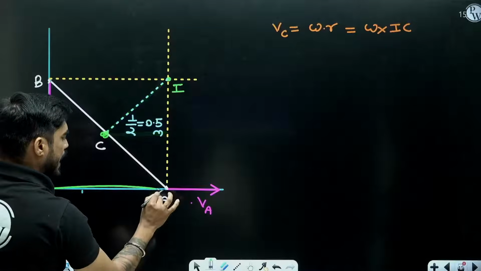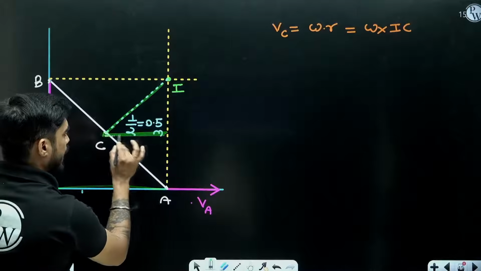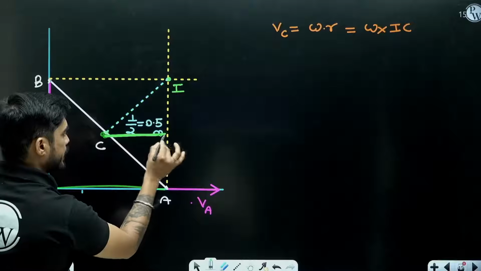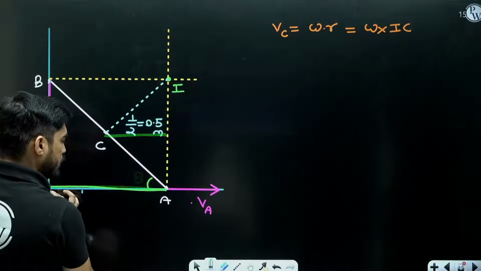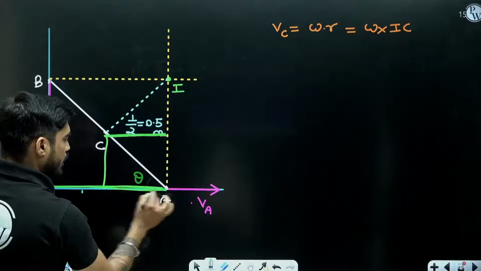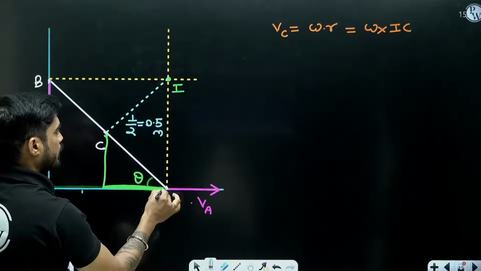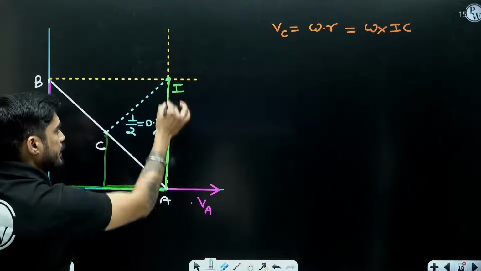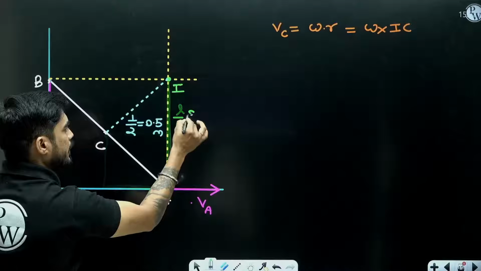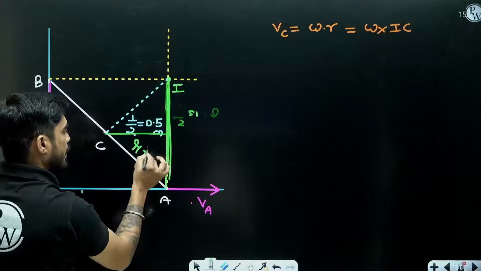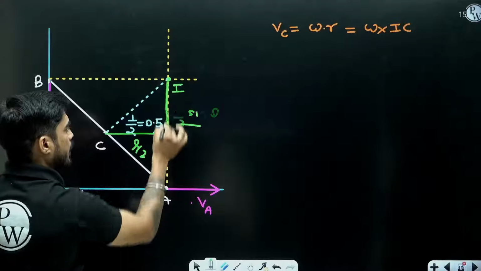So if this is L, this will be L by 2 cos theta, right? If this is L and this angle is theta, this is L cos theta. So from center to here, L by 2 cos theta. Now this is L sin theta. So from center to this will be L by 2 sin theta.